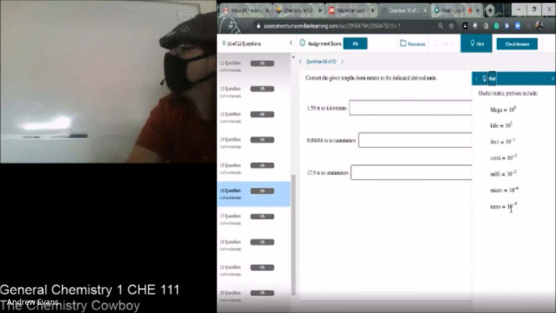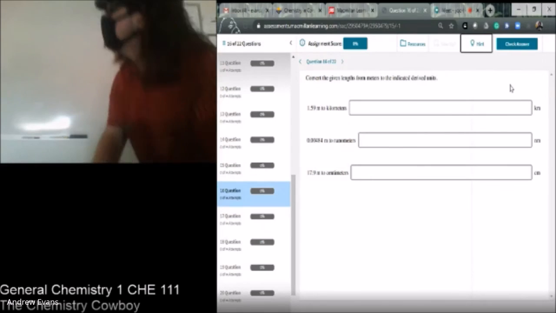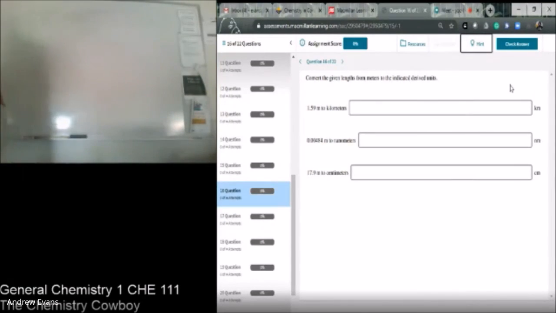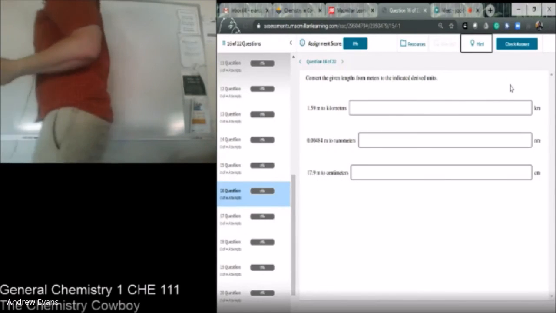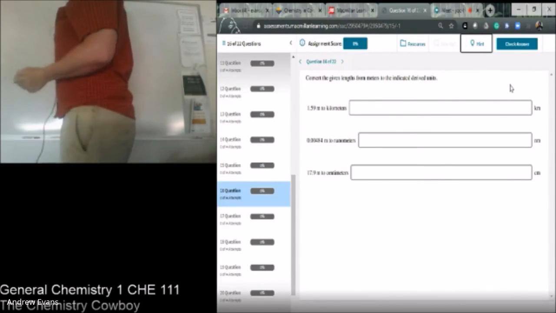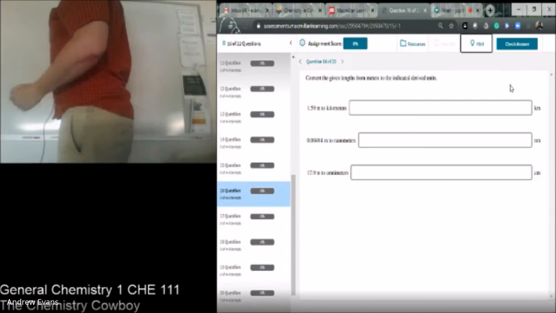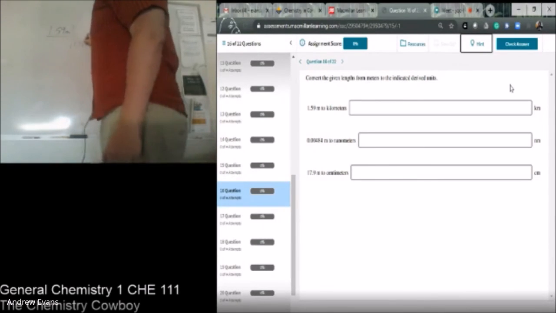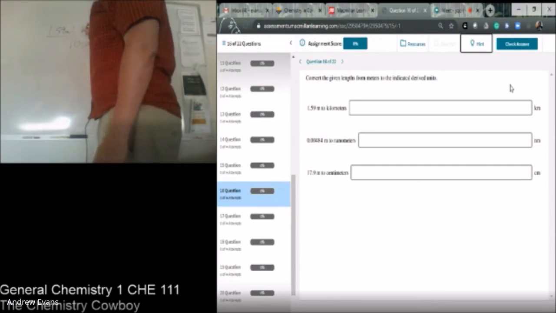This is how many of this unit is in 1 meter. So we can go from there. Since we're going from meters, 1.59 meters. There are 1,000 meters in 1 kilometer.